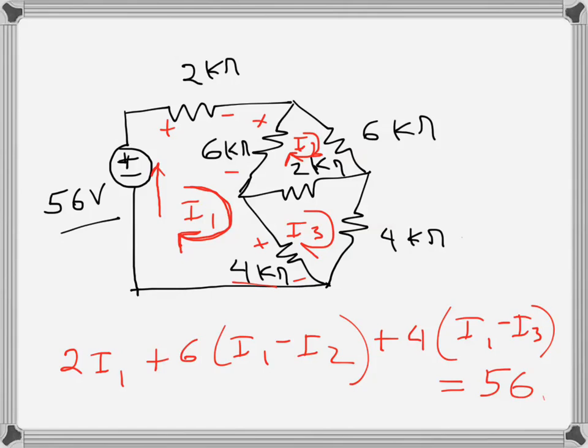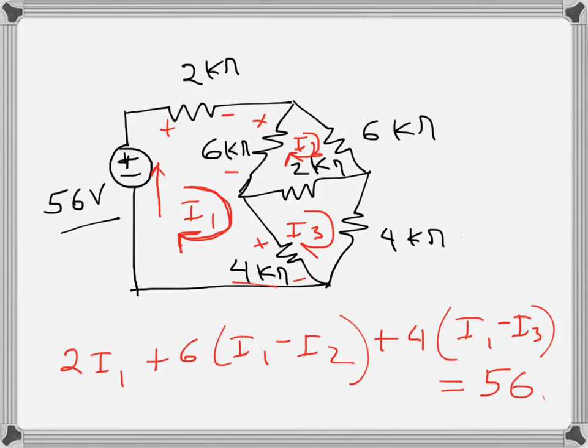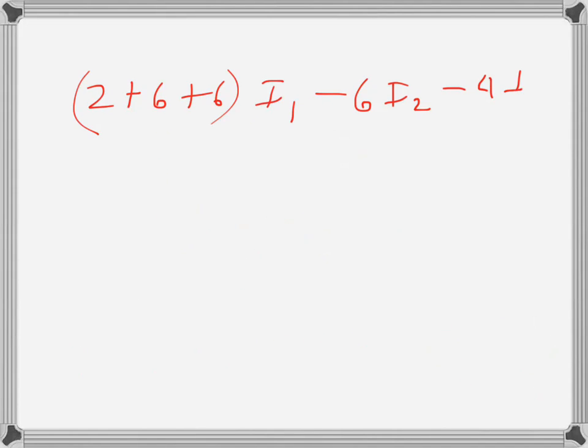So if I rearrange, it becomes 2 plus 6 plus 4, so 12 I1 minus 6 I2 and then minus 4 I3, and on the right hand side it's 56.